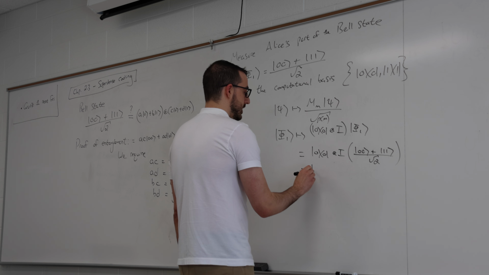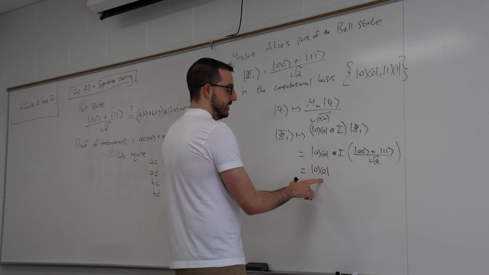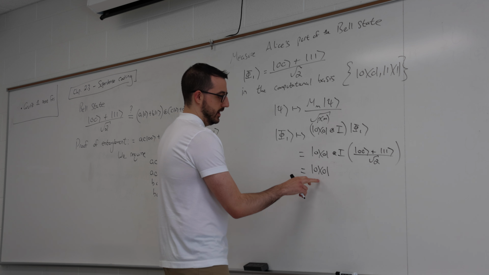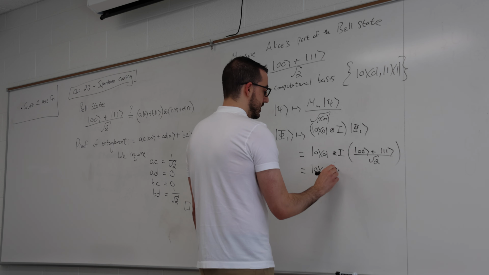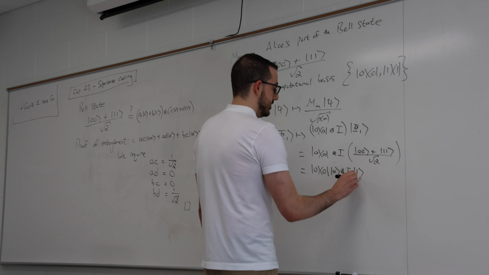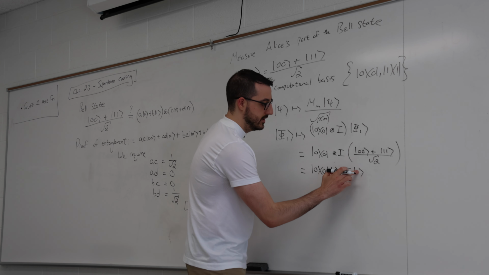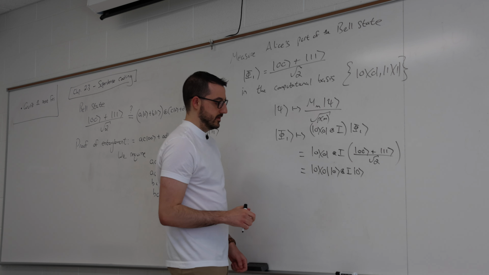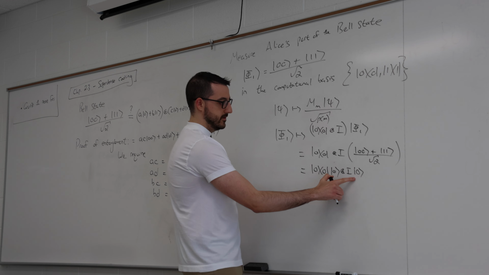So writing it out a little bit explicitly, it's going to be |0><0| acting on the state 0, tensor identity acting on the state 0. That's the leftmost 0, and then the rightmost 0.